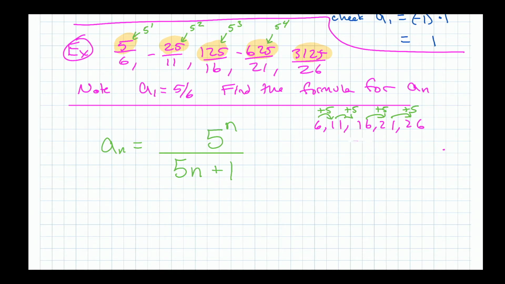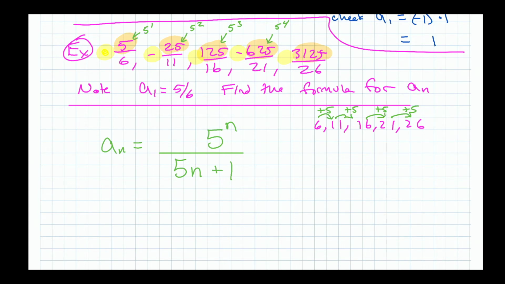So that's good. So we have the top number, we have the bottom number. The only thing we haven't dealt with is to make it alternate signs. So we need a plus, and then a minus, and then a plus, and then a minus, and then a plus, right? We need a negative sometimes.